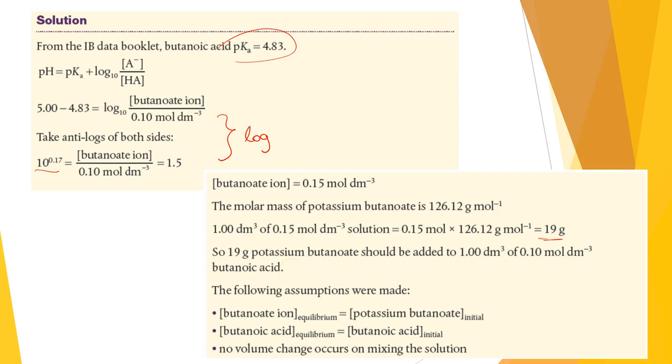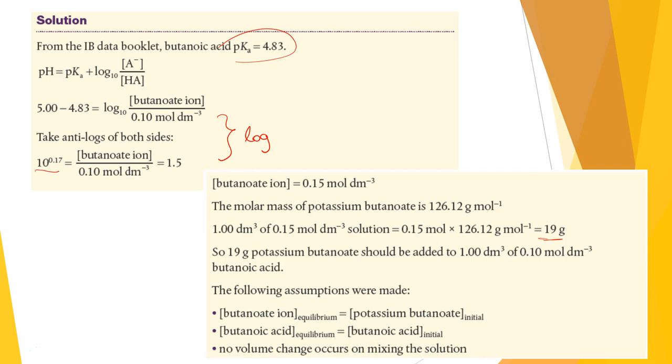If we think about it, what are the assumptions that we've made? Going back to those we talked about when making buffers, we assume that the butanoate ion at equilibrium is equal to the initial concentration of potassium butanoate that we added in. We also assume that the concentration of butanoic acid at equilibrium is equal to its initial concentration, and that no volume change occurs on mixing the solution.